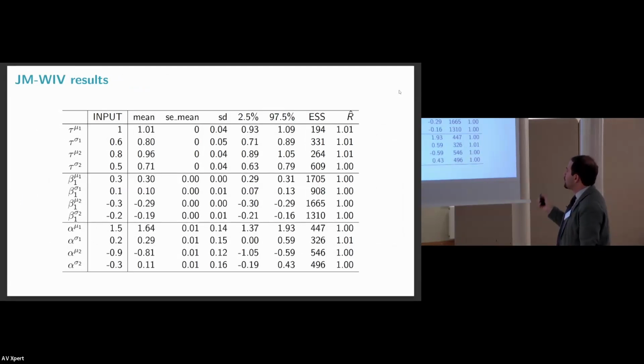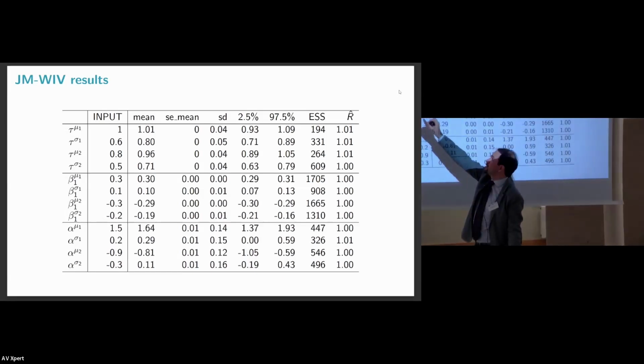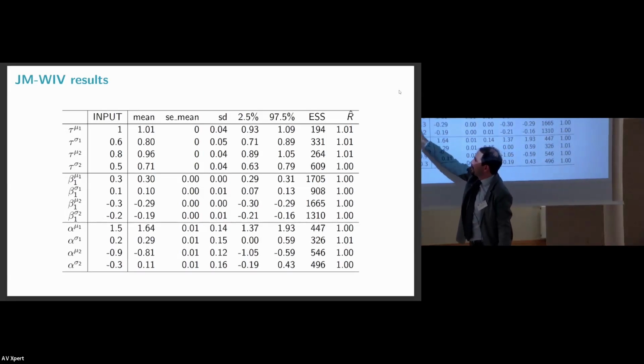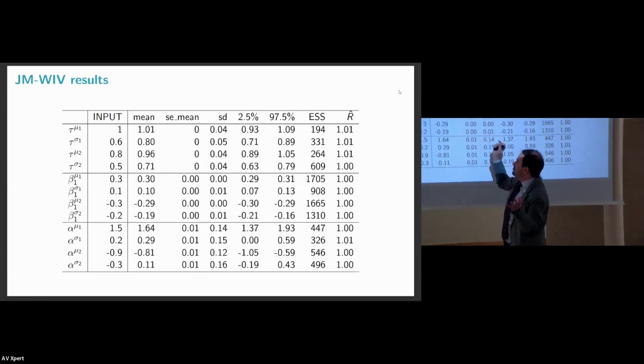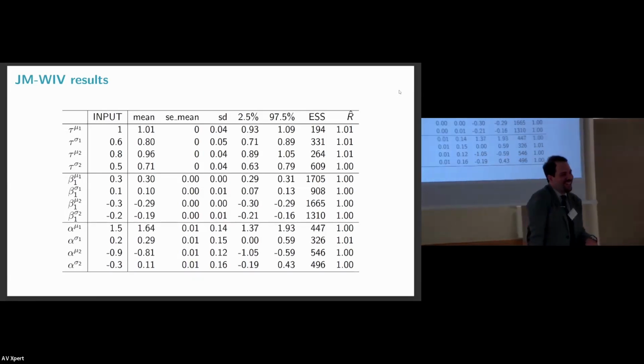These are the outputs. I'm not going to go through this table a lot, but this is just to say the input values that I used for the standard deviations of the random intercepts, these are the fixed effect of time, and these are the associations. And it's okay.